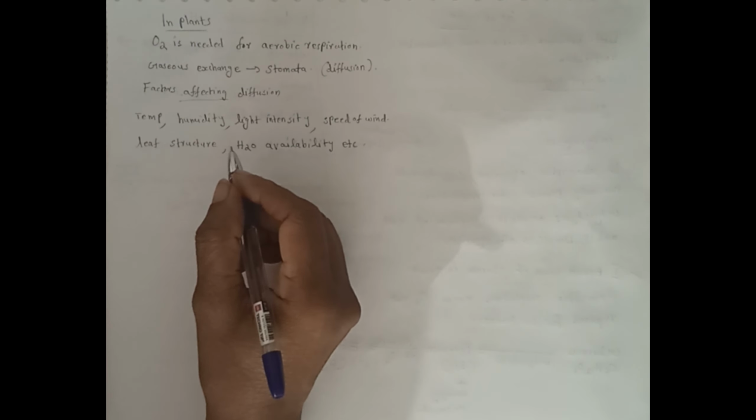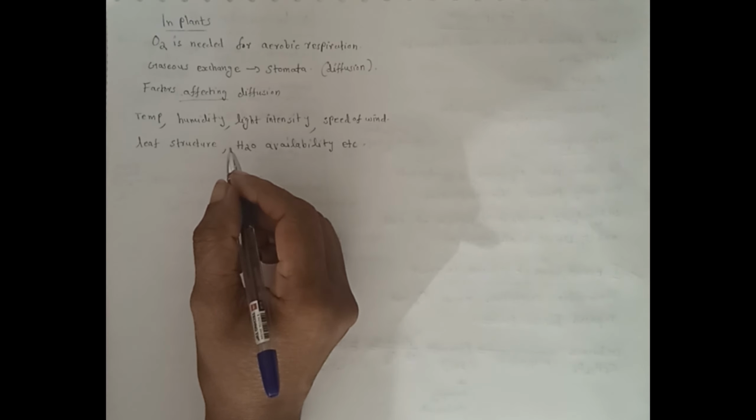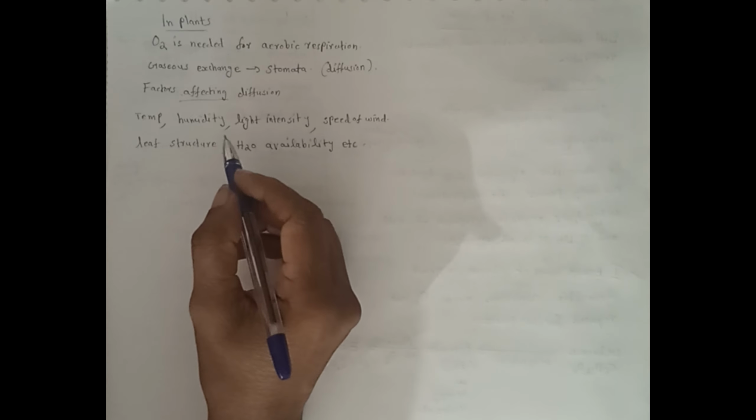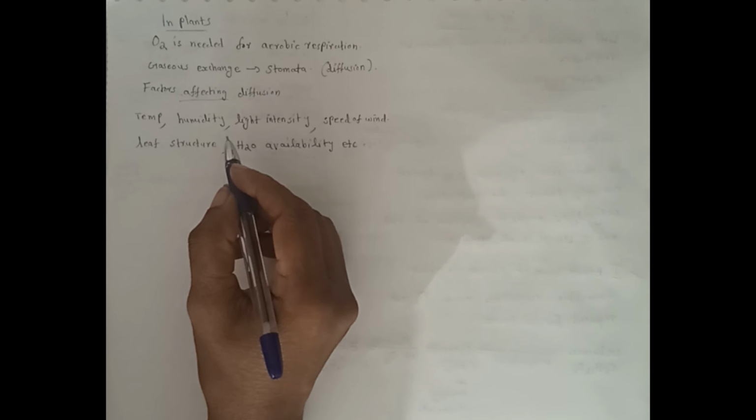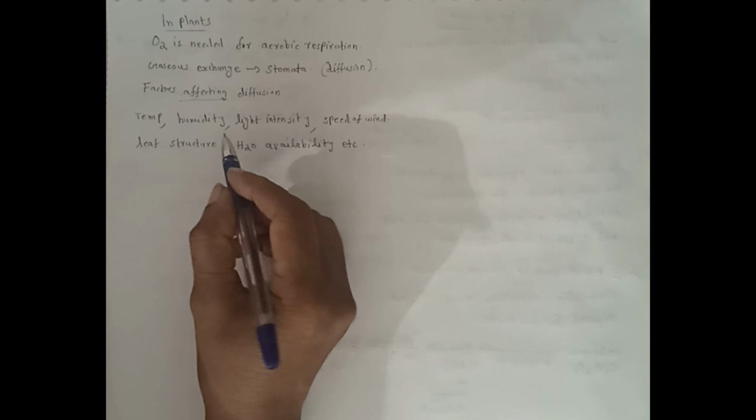Then, the difference between light reaction and dark reaction. In case of plants, light and dark reactions are the two different steps of plant respiration.